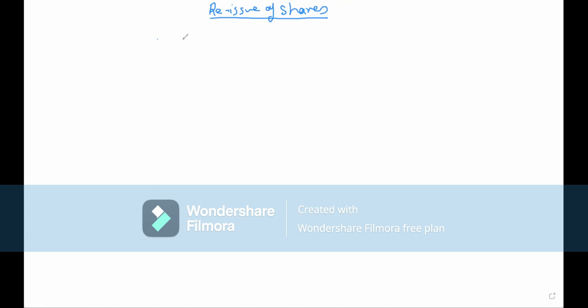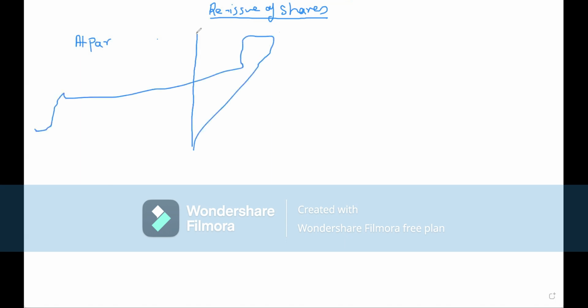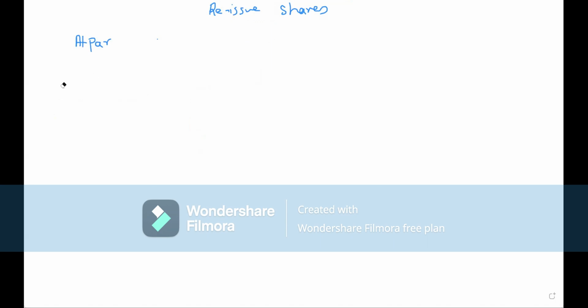Now, reissue of shares can be done in any of three ways. It can be done at par. It can also be done at premium.